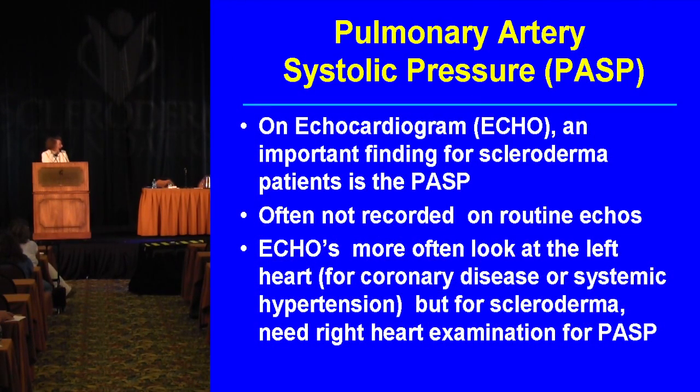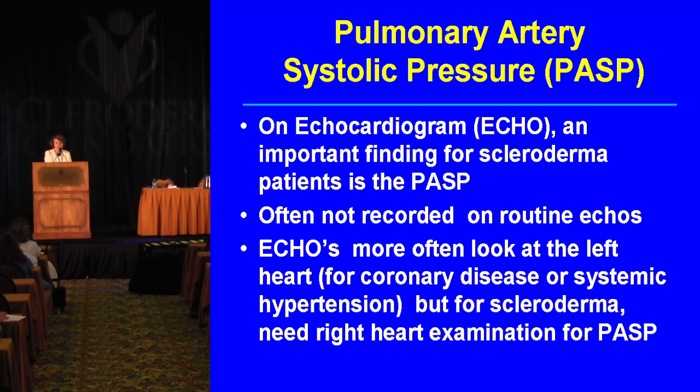So a problem with the echocardiogram is that often the right side of the heart is not even looked at. If your doctor just orders an echocardiogram, the cardiologist that does it is used to thinking about the left heart. They're worried about coronary artery disease and heart attacks and all of that.